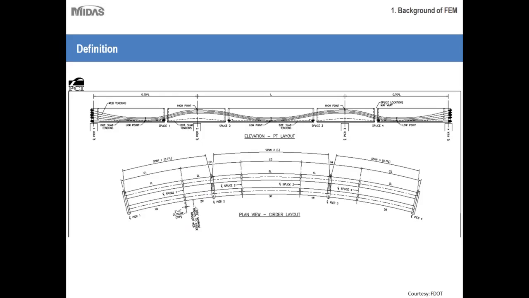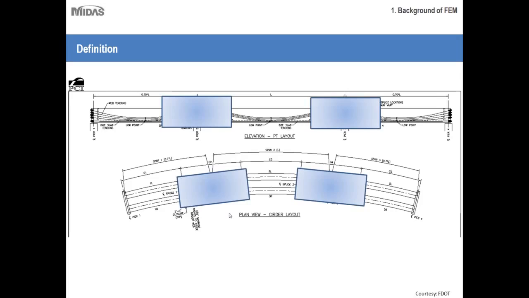And underneath every splice there are temporary supports that need to be applied. So this is somewhat in line with the accelerated bridge construction practices, where you can cast these segments along the curvature, lift them up, and put them here in the zone where it is supported over the piers.